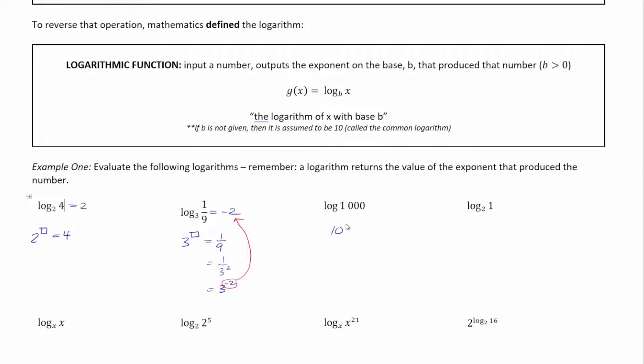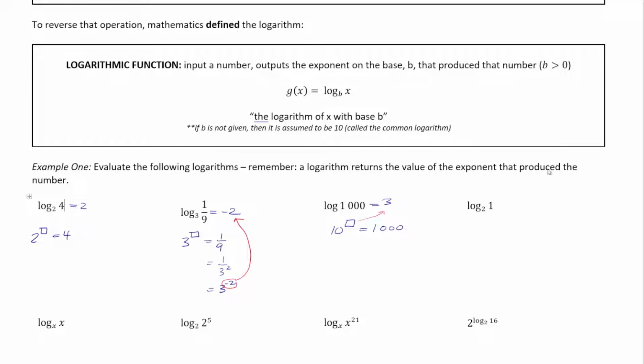So we have to think, 10 to what exponent produces 1000? So what is the value of the exponent? That's what the logarithm returns. Well, 10 to what power produces 1000? Well, that's 3. The value of the exponent there is 3.